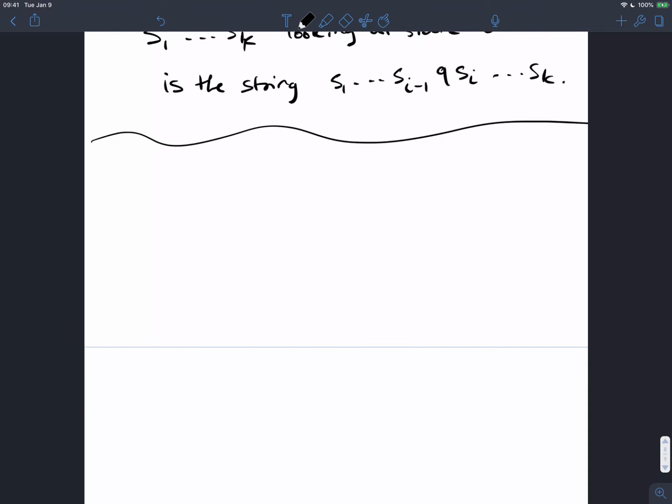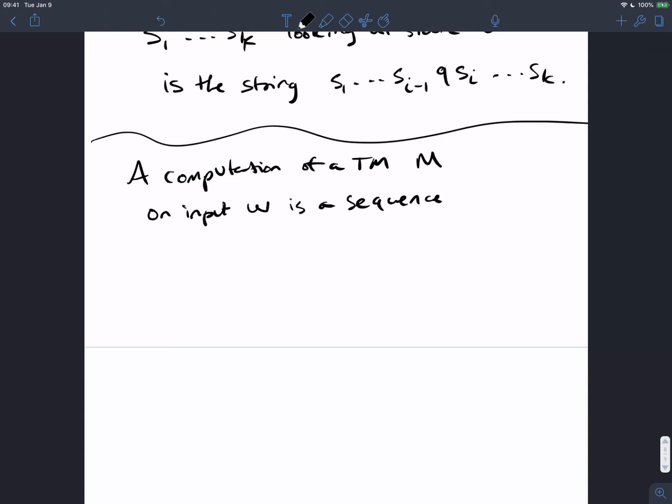So a computation then of a TM, let's call it M, on input, let's call it W, is a sequence of, I should say finite here, finite sequence of configurations.